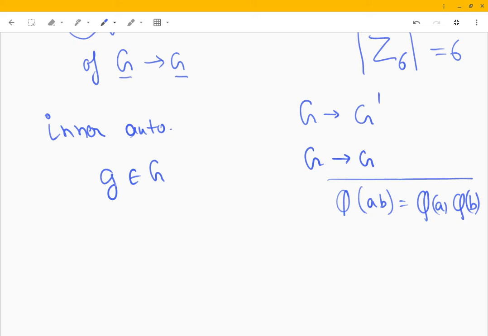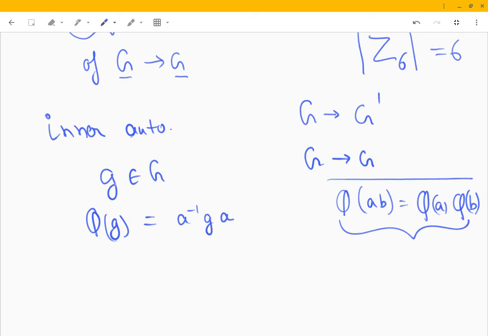Now, phi of AB, yeah, you know this. Okay, I'll not go deep into this. Now, when our function is phi of G, it gives us A inverse G A. Okay.